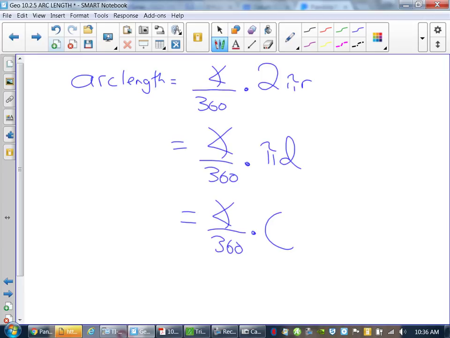Also, just so you guys are aware, that right there is how you would simplify an angle degree into what's called a radian value.